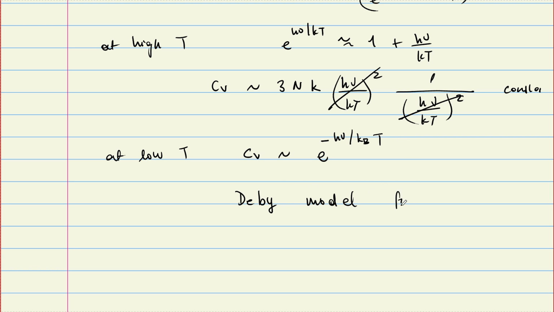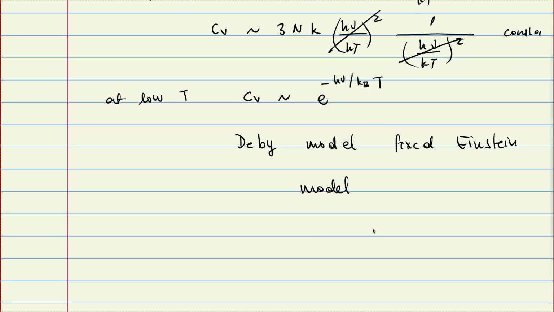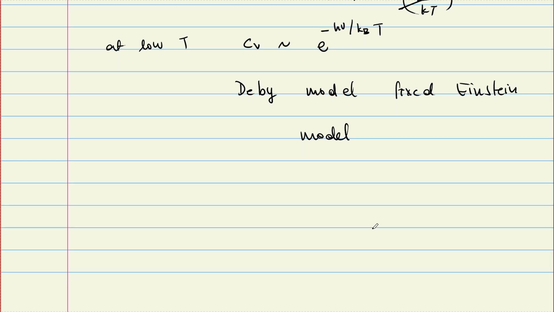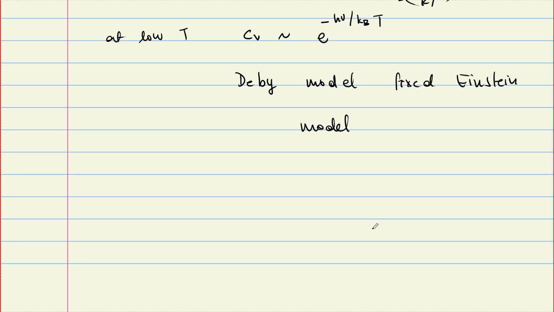So the Debye model fixed the so-called Einstein model. But the Debye model is a little bit beyond this course, so I'm not going to show you how it is made. Okay, so this is the last calculation, and hopefully it is not going to take as long.